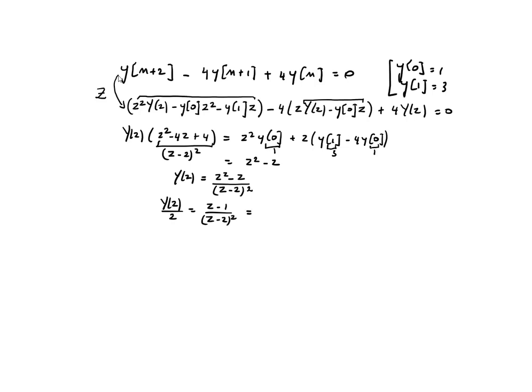We have a second order denominator, so we need two constants, so we'll have A over (z minus 2) plus B over (z minus 2) squared. B is quite easy to obtain. You multiply by (z minus 2) squared here, so we are left with z minus 1, and you evaluate at z equal to 2, so that's a 1.